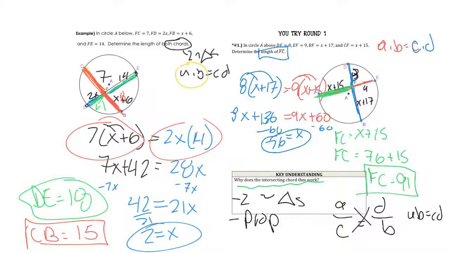So if I was just going to draw this really quick, that's A, B, C, D. So A matches up with C, and D matches up with B. And then when we cross multiply, it turns into A times B equals C times D. But if you know the intersecting chord theorem, it's really easy. Just multiply the parts of one line equal to the parts of the other chord.